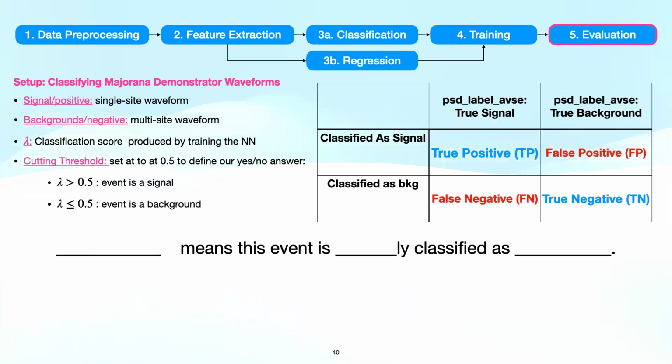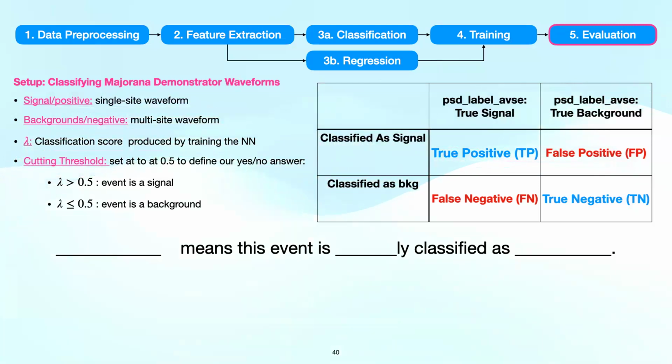In classifying the Majorana Demonstrator waveforms, we have our signal, which is also called positive events. That's the single-site waveform I showed you at the beginning of the class. I hope you still remember what is the single-site, what is the multi-site. The background, which is what we call the negatives, are the multi-site waveforms that we showed. Let's say lambda is the classification score that a neural network produces for each input waveform.